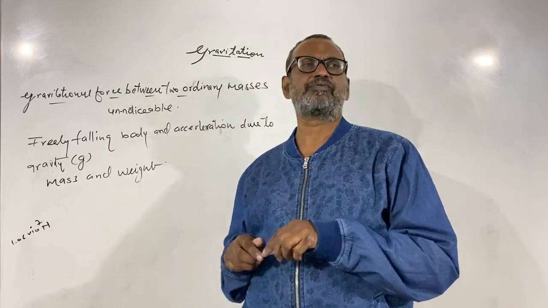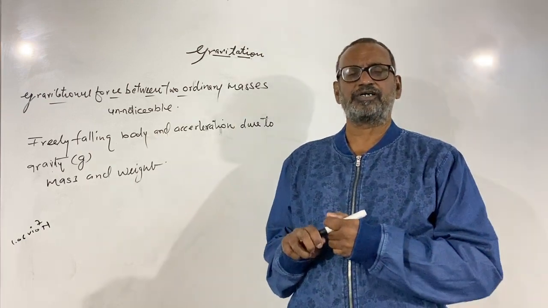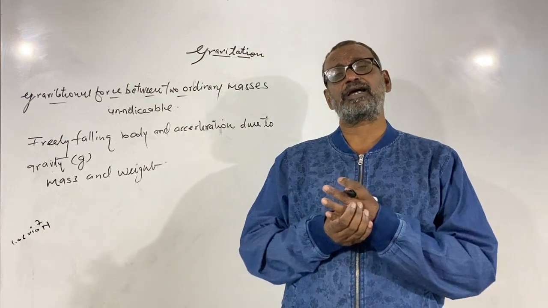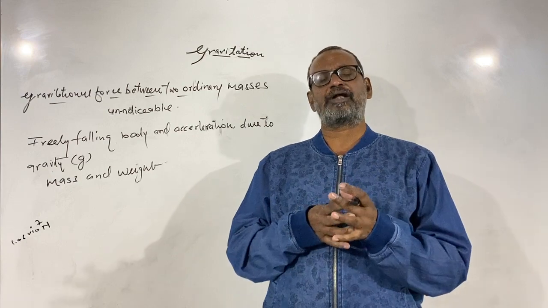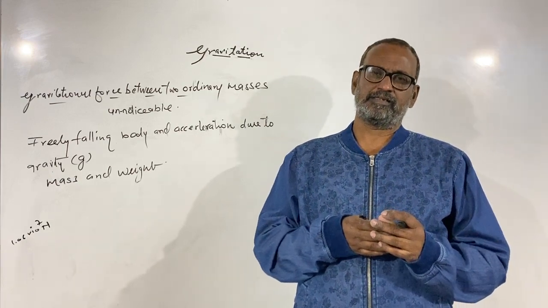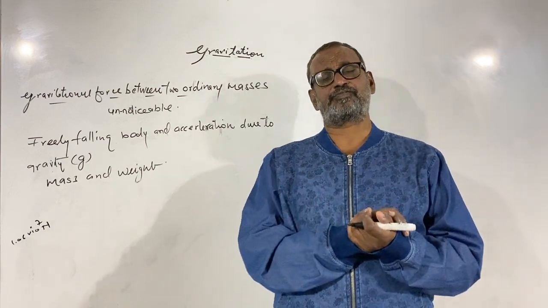Let's see, for example, consider that there are two boys of masses 40 kilogram each, sitting at a distance of 1 meter apart. Let us calculate the gravitational force between these two boys.